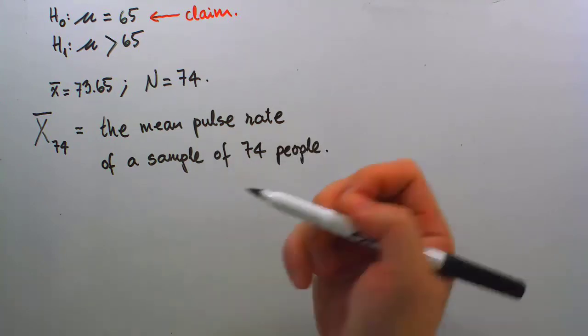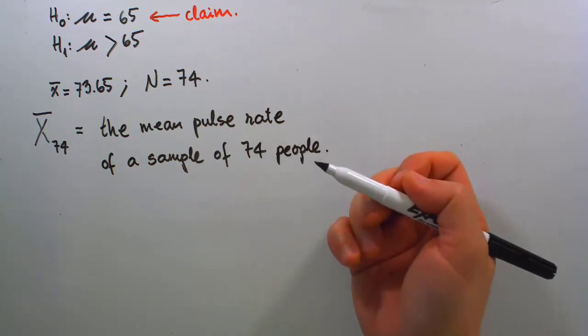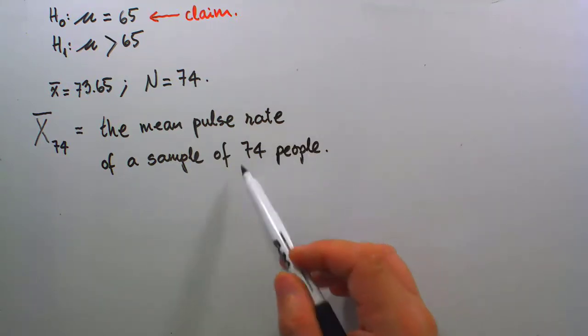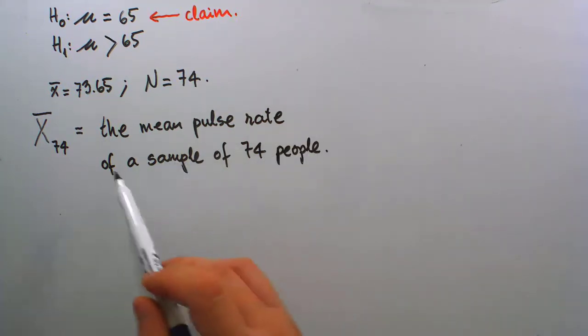That means we don't only have one sample of 74 people. We can have infinitely many samples of 74 people, and each one of those gives us a sample mean value.